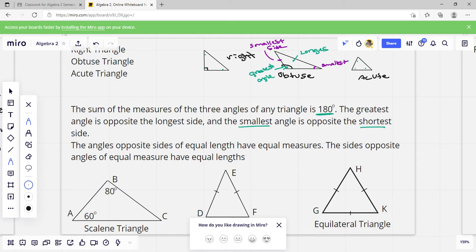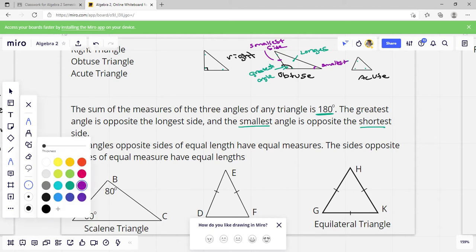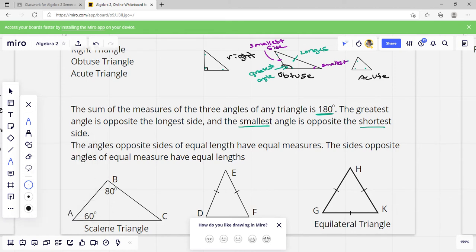Let's go over that one more time on this triangle down here. Let's figure out what this one is first. If they all have to equal 180, we've got 80 and 60 already. That'd be 140. That means this one has to be 40 right there. We can add them back up again. 60 and 40 would be 100, and 80 would make it 180.